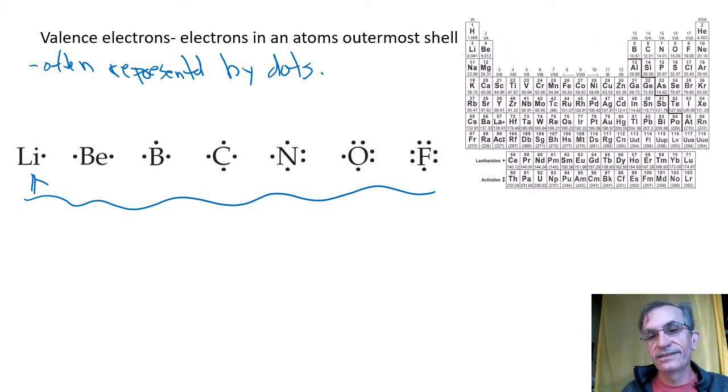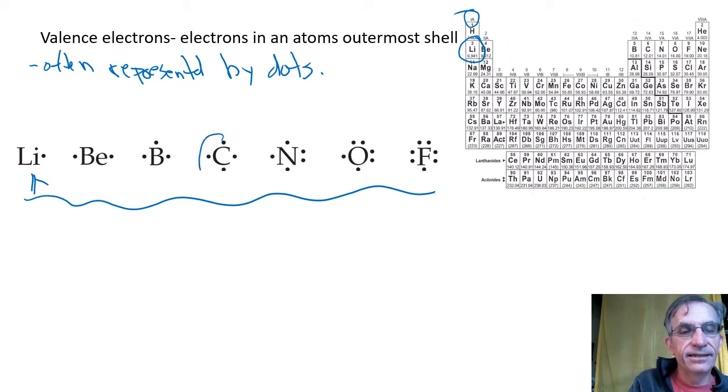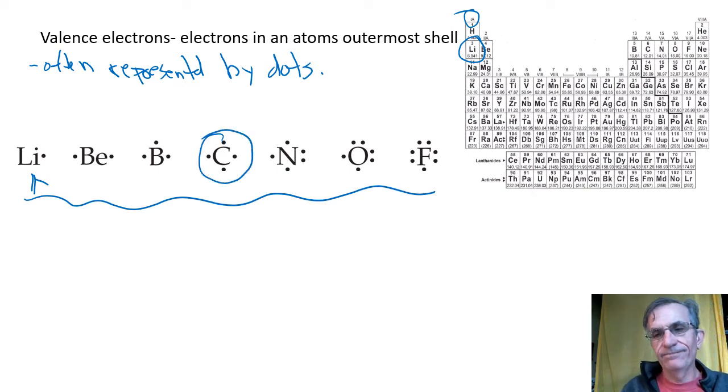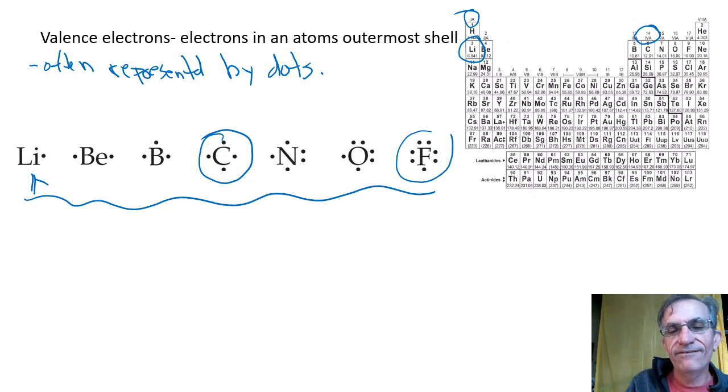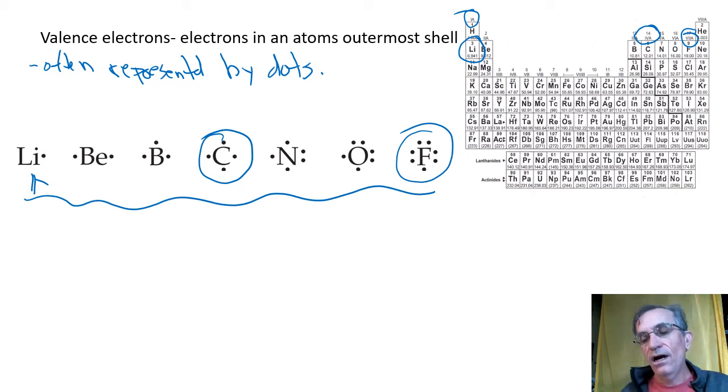Why? Because it has 1 valence electron, in column 1A. Why does carbon have 4 dots? Because it's in column 4A, so it has 4 valence electrons. Why does fluorine have 7 dots, if you count them up? Because it's in column 7A. So these dots are a way of representing valence electrons.